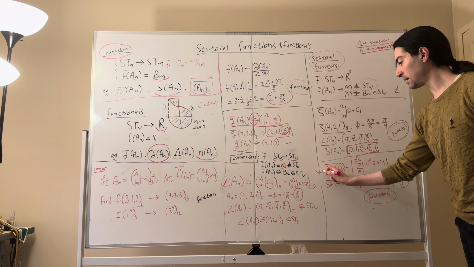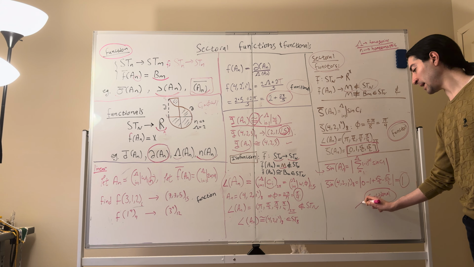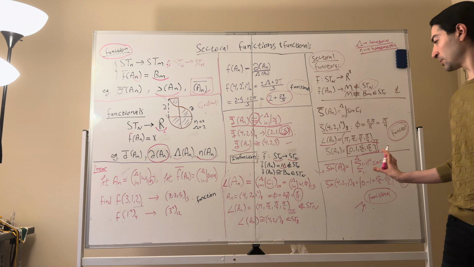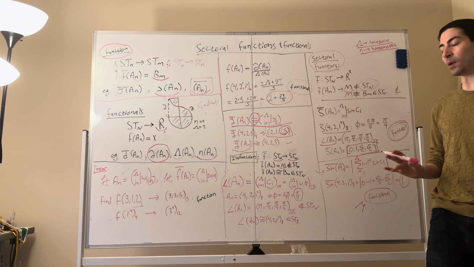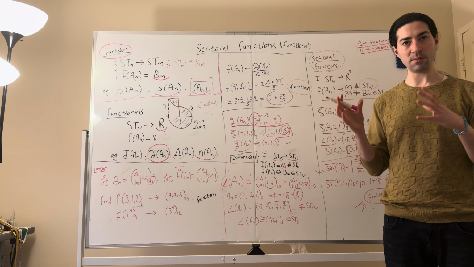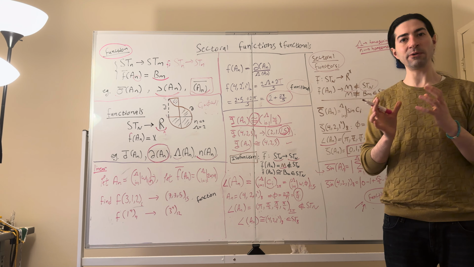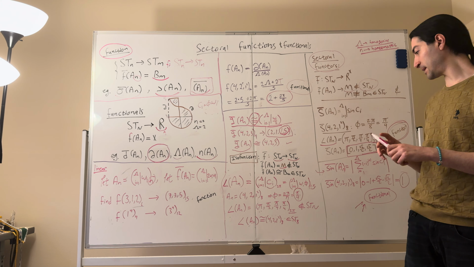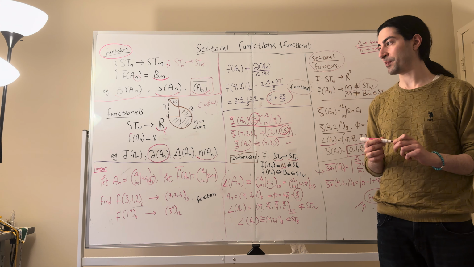So this is in fact a functional and not a functor. So this is one way where we can start with the sectoral structure, do a relationship on the arc length, and end up with this single number.